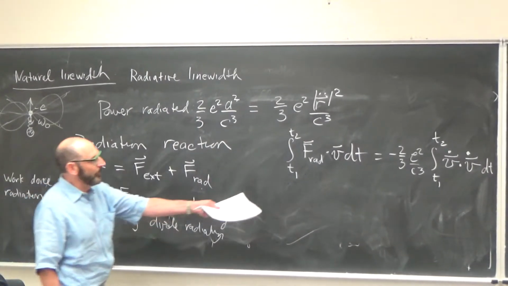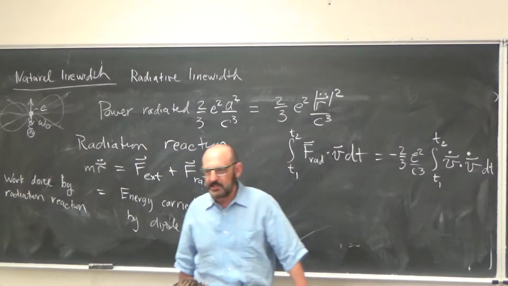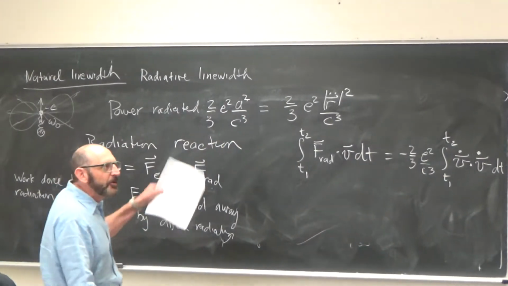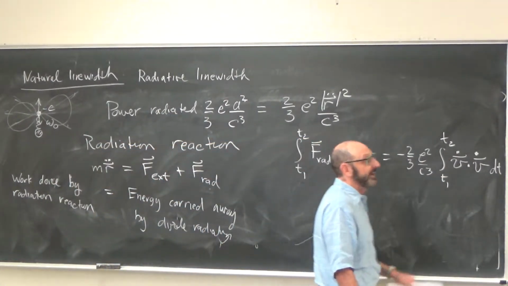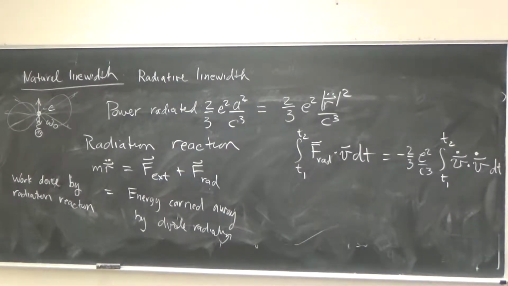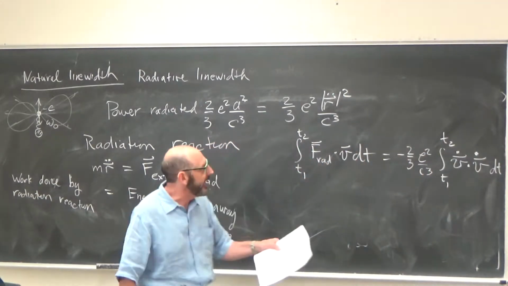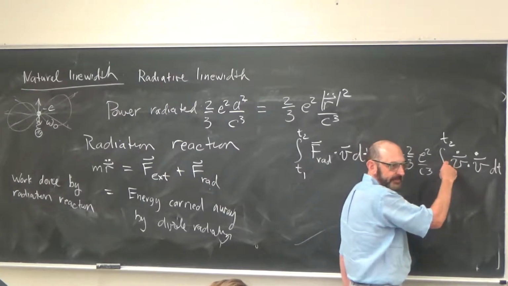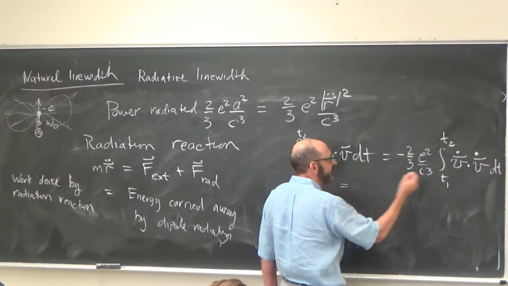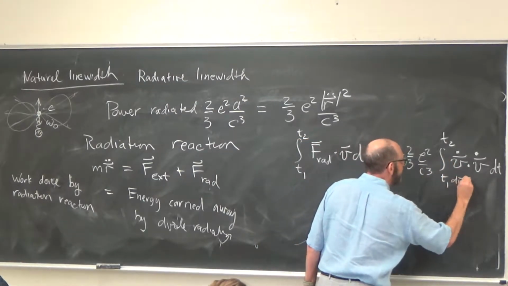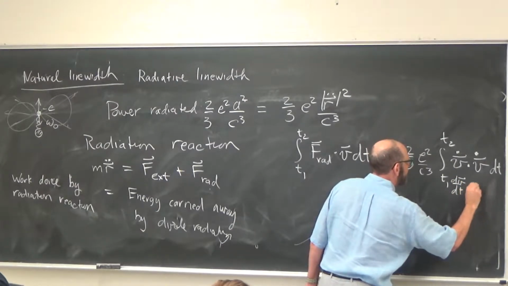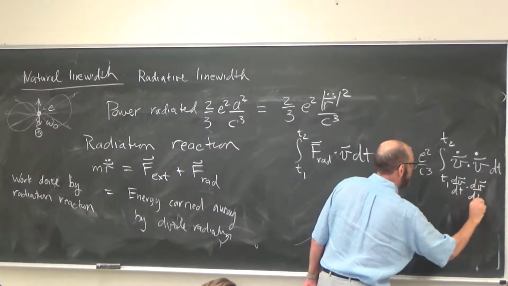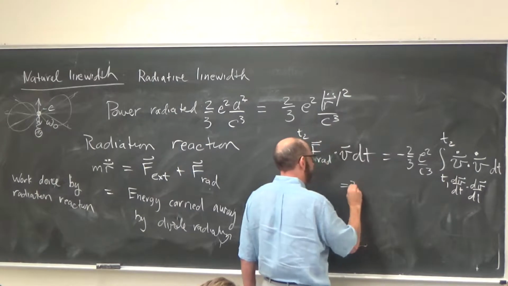So now, to do this integral, we do the famous integration by parts. And everyone knows how to do integration by parts in their head, without the stupid u, v, dv, du, the thing we learned in calculus. What integration by parts means is you take the derivative on one thing and you throw it onto the other and put a minus sign. So this is d by dt of v dot, and I take one of these derivatives and throw it onto that side.